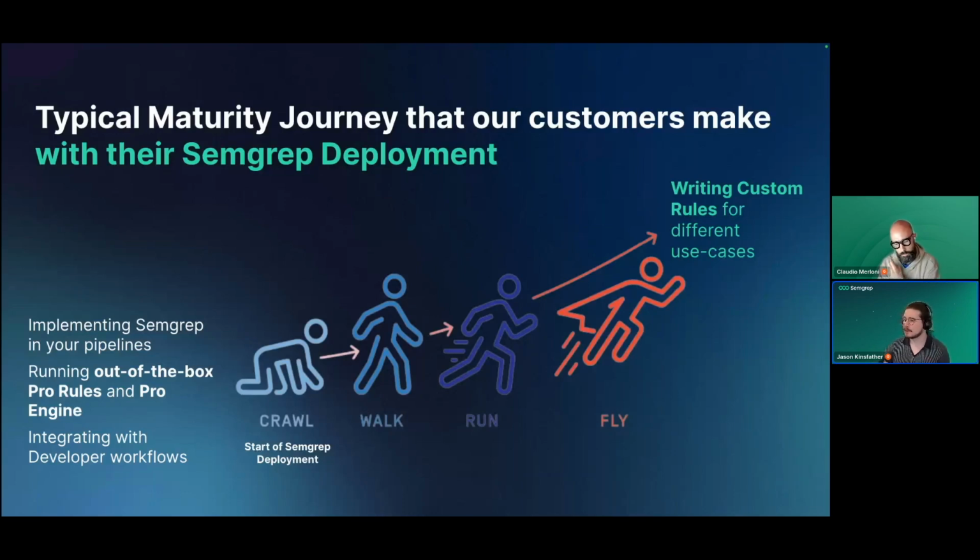They get it in their system, they crawl, they walk, it becomes part of their everyday methodology. They work through their backlog through run, and then they start to fly when they really make the tool their own and customize it. And that's how we see the most value and success, is when people really start to make it their own.